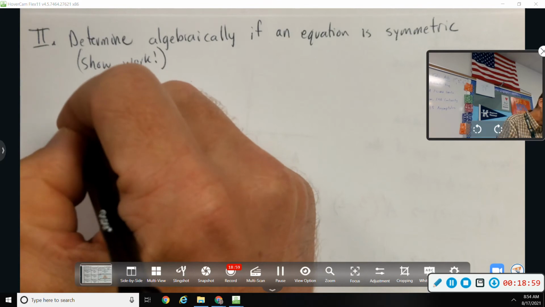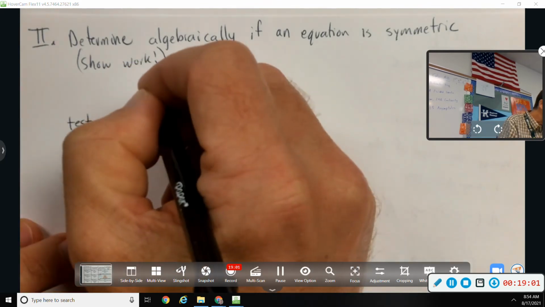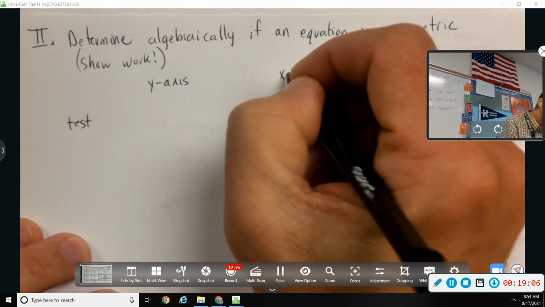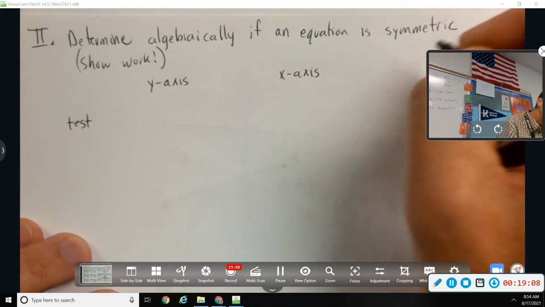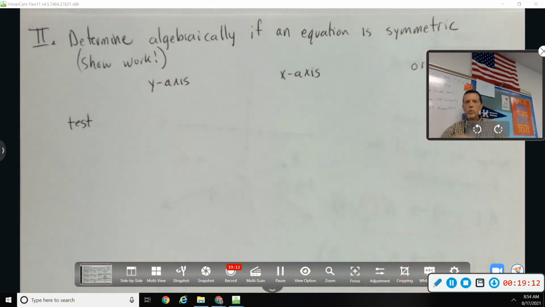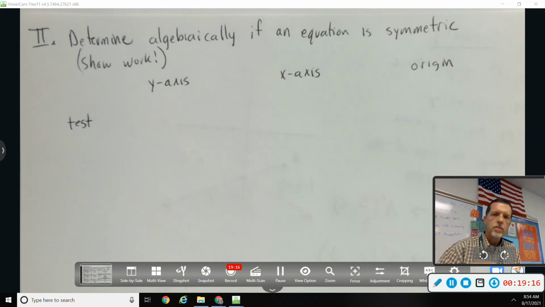All right, so there are 3 different tests, depending on if we want to check y-axis symmetry, x-axis symmetry, or origin symmetry. And it's very much related to the graphing part. To graph y-axis symmetry, we change the sign of the x coordinate.